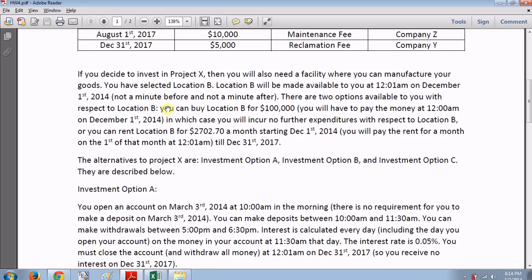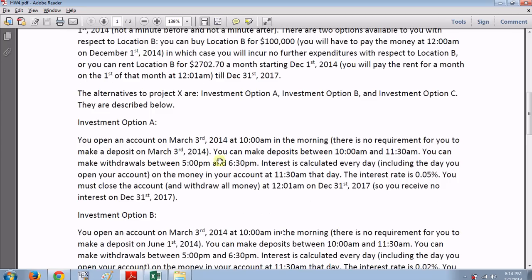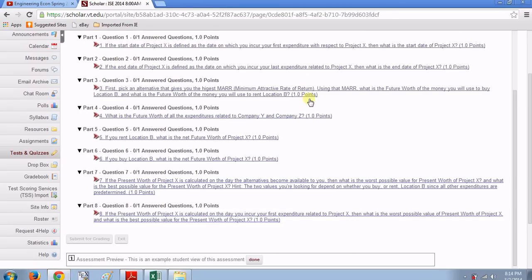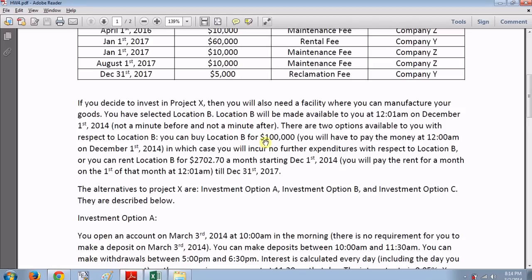Okay, fine. So the point is, if you didn't invest in any of this, and instead you invested it in one of the investment options, what is the future worth of the money you would use to either buy location B or rent location B? Now, what are the two options there? If you buy location B, you have to spend $100,000 on, when is that? December 1st, 2014.